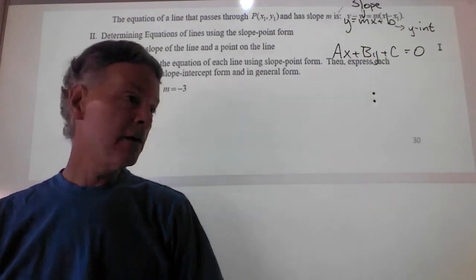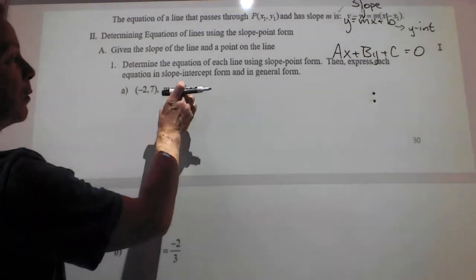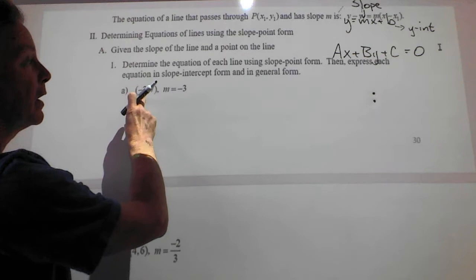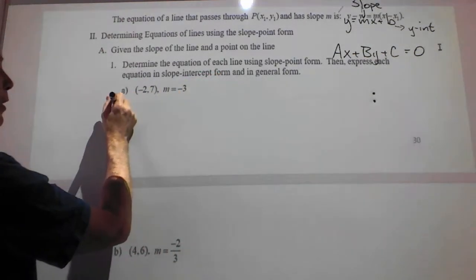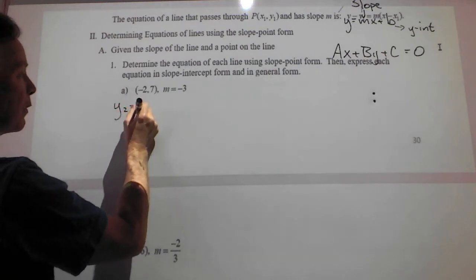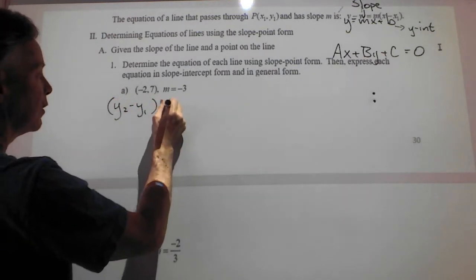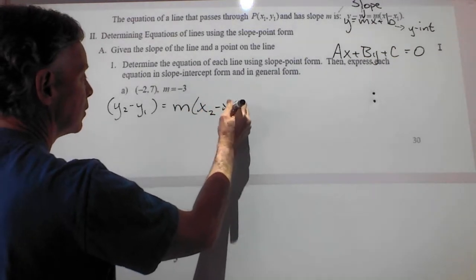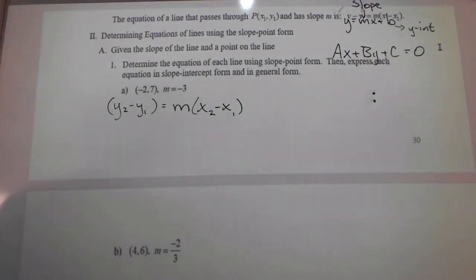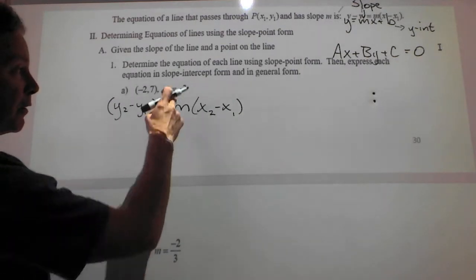I'll try and avoid that. Okay, so we have our slope, we have our point, so we can use slope point form. So our slope point form, remember, is y2 minus y1 equals the slope times x2 minus x1.